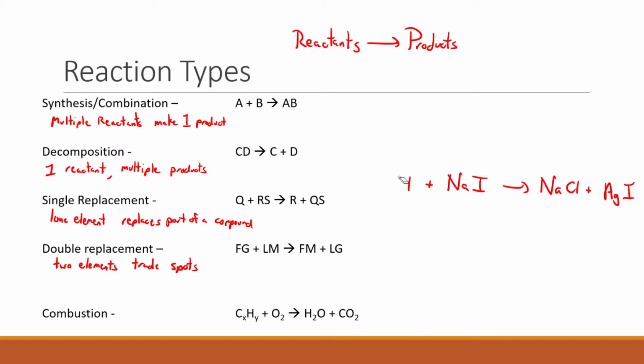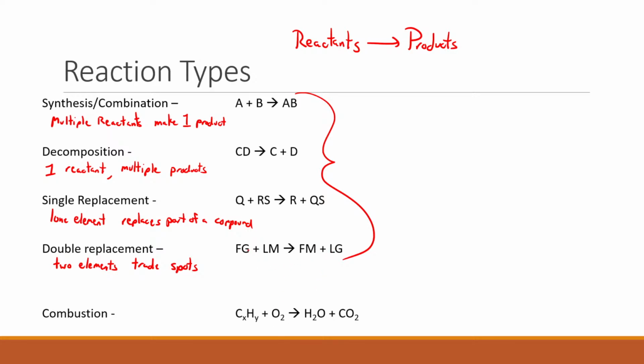Combustion, our last one, is much more specific. Here, right, I used just random letters to show the patterns of these things, but for combustion, I'm actually using elements. Right? Combustion is when a hydrocarbon reacts with oxygen to make CO2 and water.